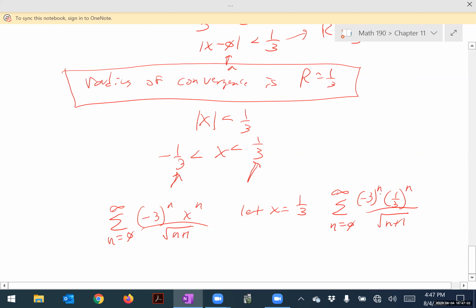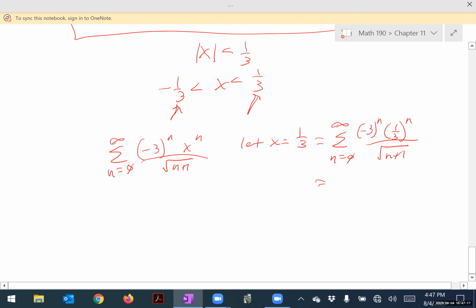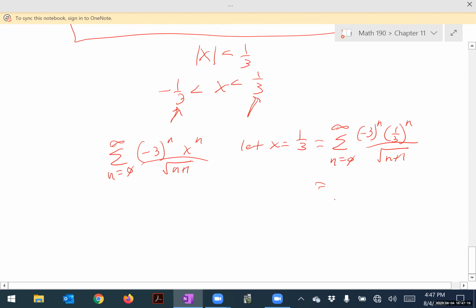Okay, so what is this? Well, I can multiply those together and that just becomes -1 to the nth, which is an alternating series. So by the alternating series test, this thing would converge. This is the summation n equals 0 to infinity of -1 to the nth over the square root of n plus 1.